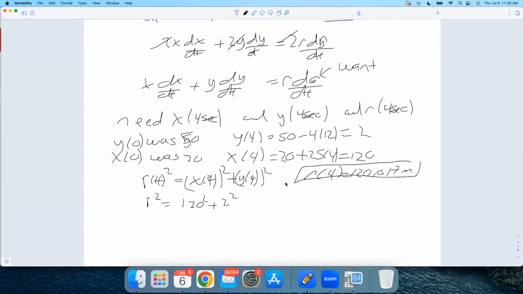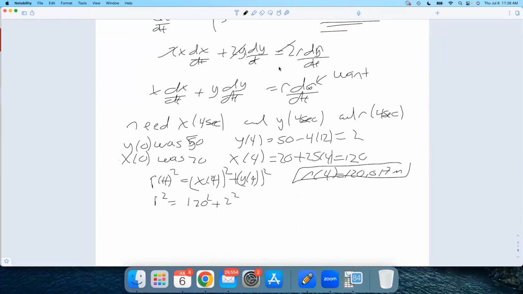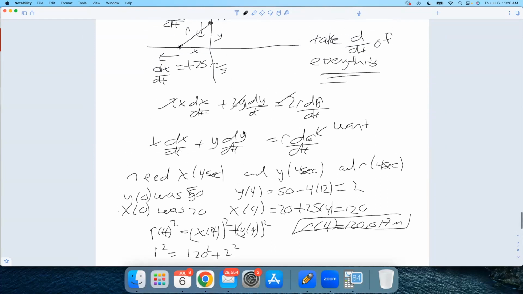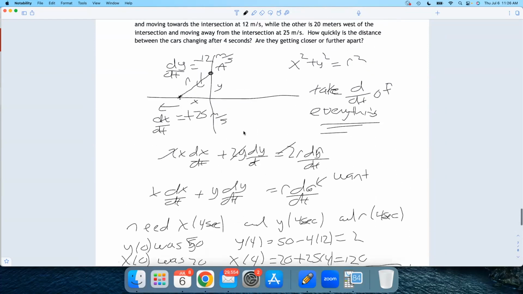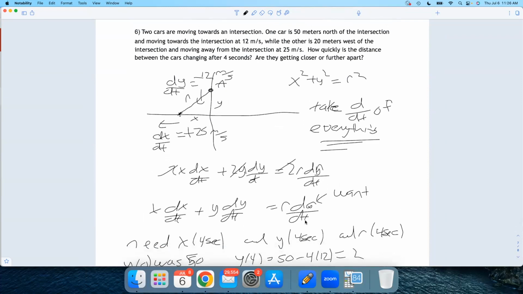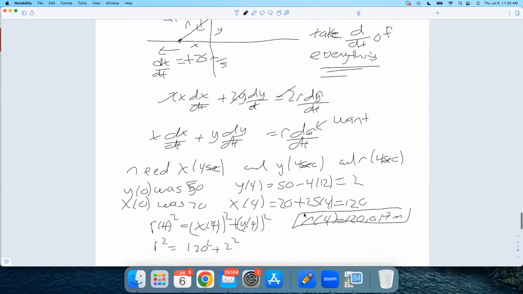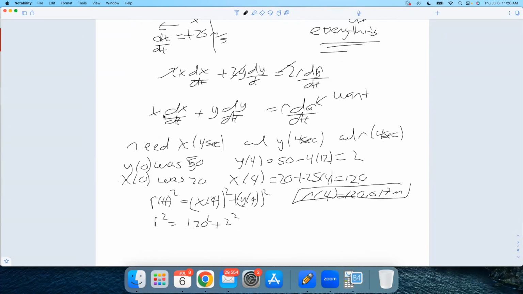All right, now I can plug everything in and solve for dr/dt. That's what I'm after at 4 seconds. So plugging in my x, 120, dx/dt was 25.